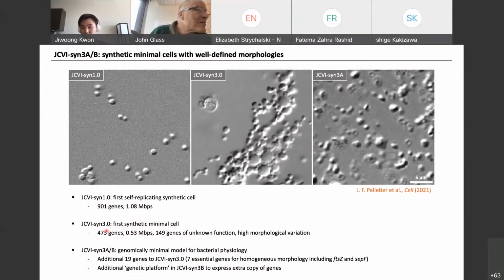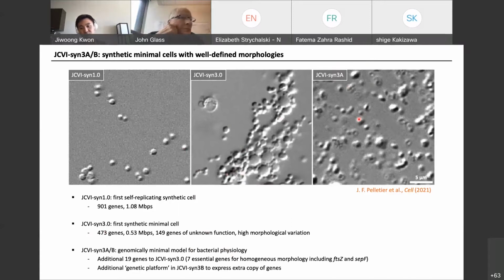But one abnormal behavior of SYN3.0 was the heterogeneous morphology, which is not normally observed in natural species. James and co-workers found 7 more essential genes for the homogeneous morphology. With these additional genes, SYN3A now becomes the minimal model for bacterial physiology.